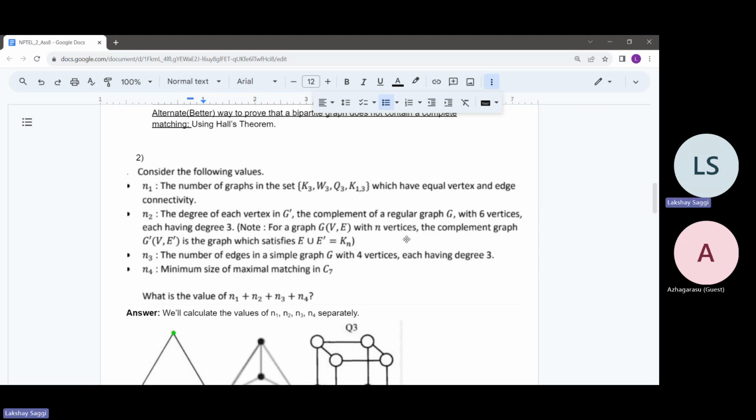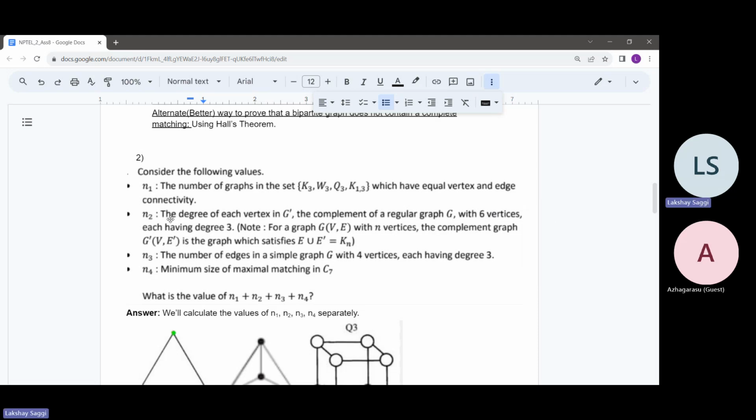So we need to find the degree of each vertex in G prime, which is the complement of the graph G. It's easy to see that in this regular graph G, there are 6 vertices and all the vertices have a degree of 3. Let's consider any vertex V. As there are 6 vertices in the graph, except V there will be 5 more vertices, right?